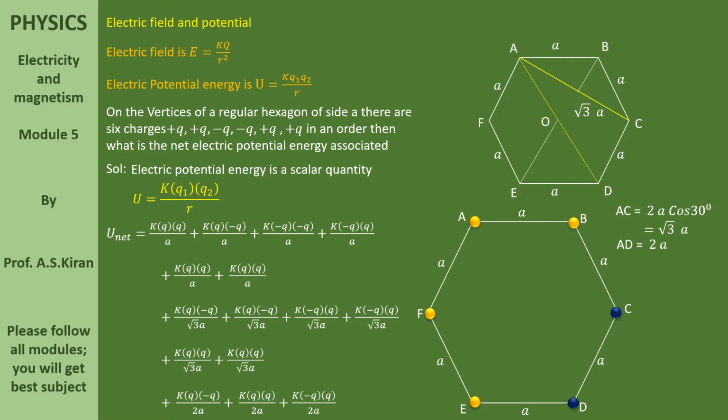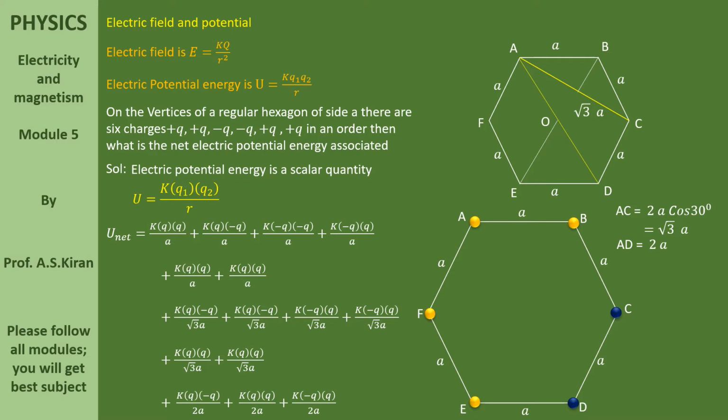CD is K minus Q by A. Plus DE, energy associated with the pair DE, K minus Q into Q by A. Similarly, energy associated with EF, KQ by A. Similarly, energy associated with FA, KQ by A. So with that, one cycle is completed.